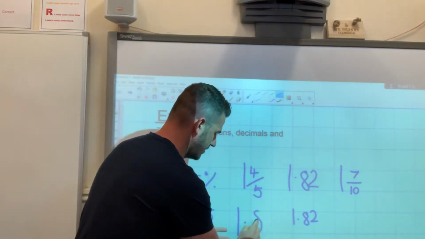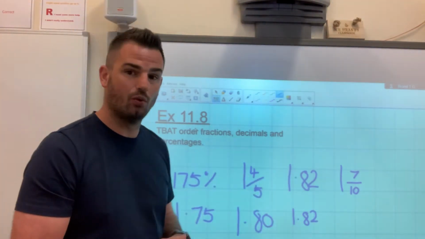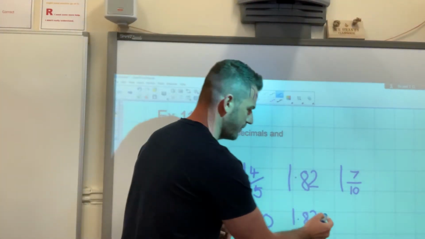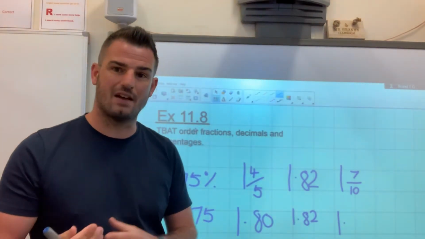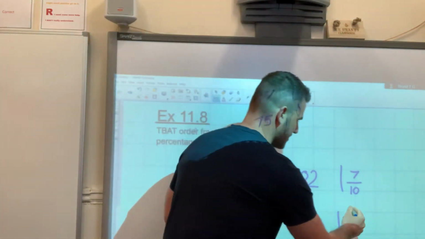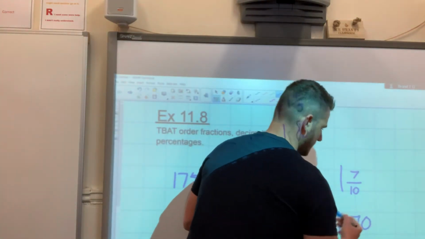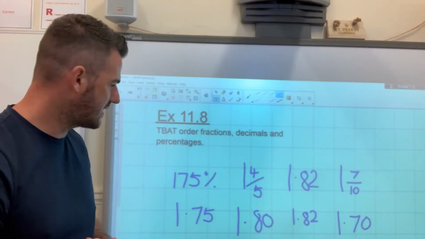So here we've got 1.8. Again, if we've got our 1 7/10, well, we've got one whole, and we've got 7 out of 10. Make that over 100 as a fraction, and we've got 70. And all of a sudden, we've converted all 4 to decimals.